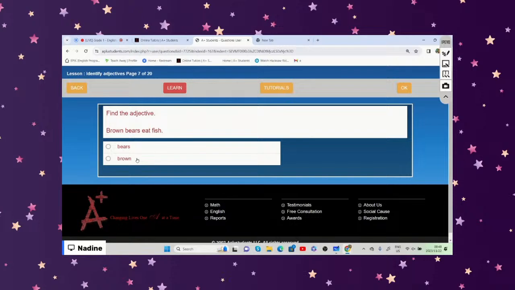Brown bears eat fish. Remember, eat is a doing word. So we can say brown, and it basically describes in color what kind of bears eat fish.